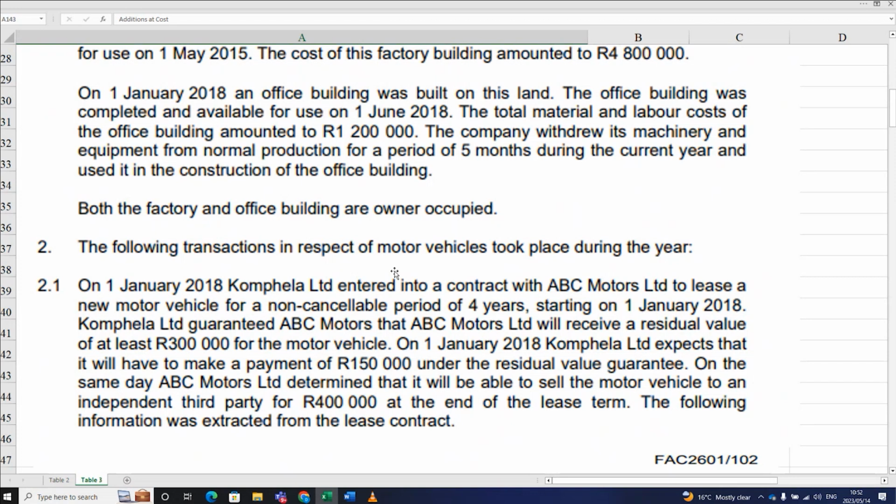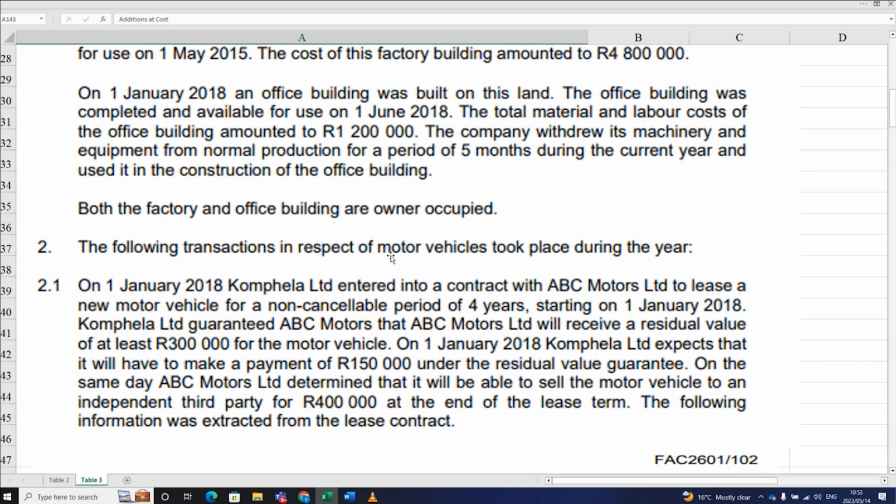On 1 January 2018, Compeller Limited expects that it will have to make a payment of 150,000 under the residual value guarantee. On the same day, ABC Motors Limited determined that it will sell the motor vehicle to an independent party for 400,000 at the end of the lease term.